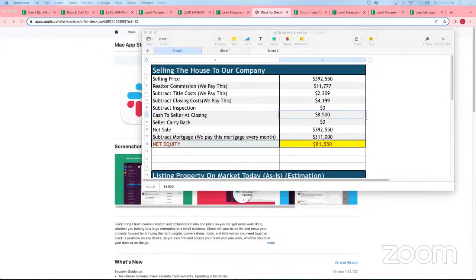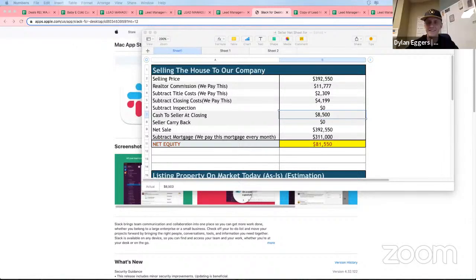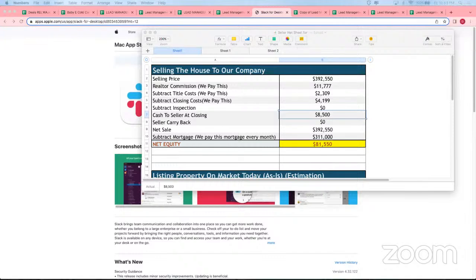Yeah, correct. I got my license in March of 2007, and I was active through 2010. So all during that recession, or whatever they called it.